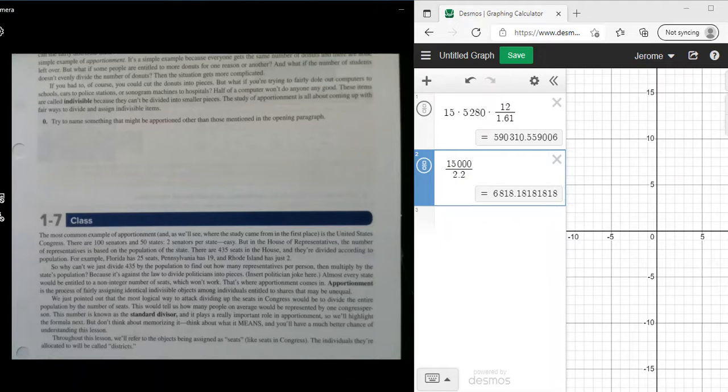This number is known as the standard divisor, and it plays a really important role in apportionment. So we'll highlight the formula next, but don't think about memorizing it. Think about what it means, and you will have a much better chance of understanding this lesson. Throughout this lesson, we'll refer to the objects being assigned as seats, like seats in Congress. The individuals they're allocated to will be called districts.